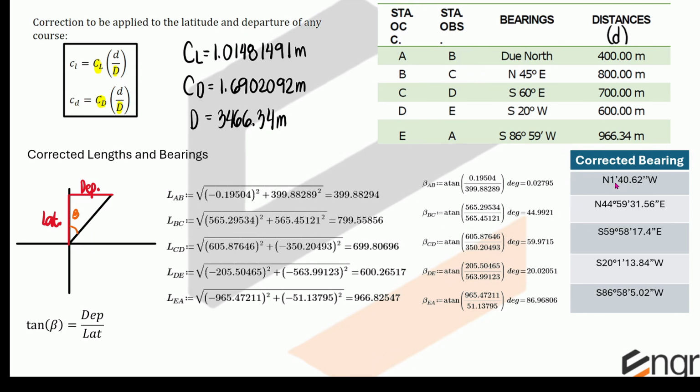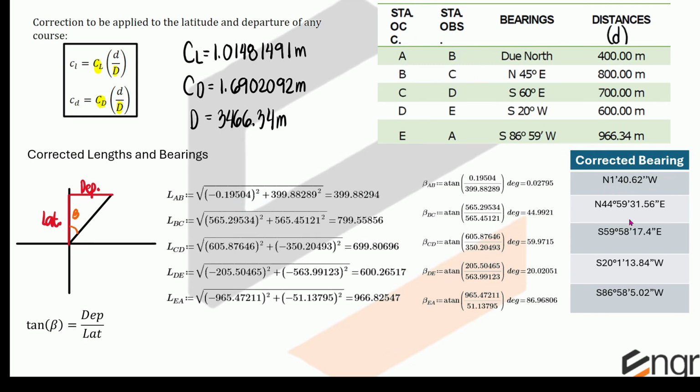So that's why we know that this is to the west. Now this is important because initially, line AB was due north. It was purely vertical. So depending on the results and the adjustment, it could be that the new direction would be east of north or west of north. In this case, we follow west because of the sign taken by the departure.